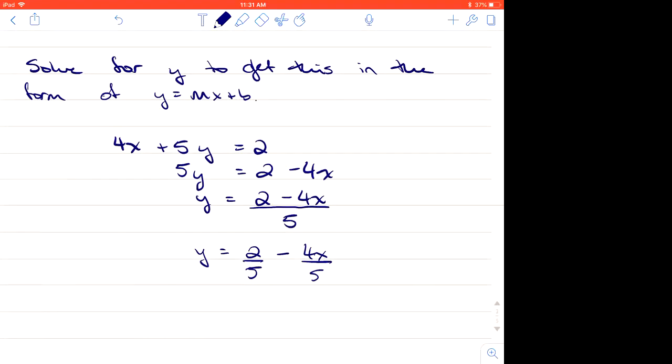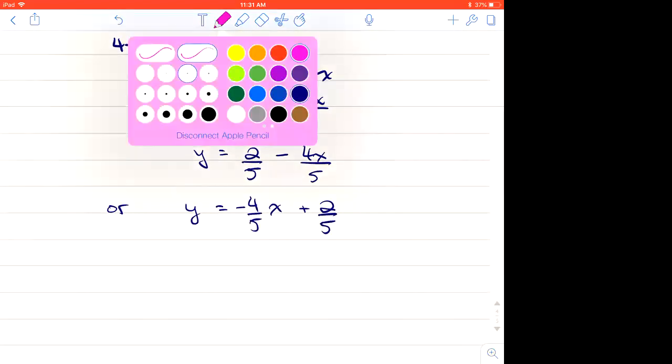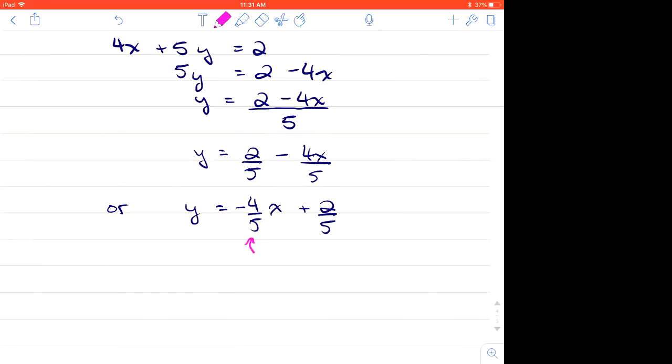And now, even though we have a kind of nastier looking thing here, our slope is negative 4 over 5 and our intercept is 2 over 5. So we can write y is negative 4 over 5x plus 2 over 5, where this is our slope and 2 over 5 is our intercept.